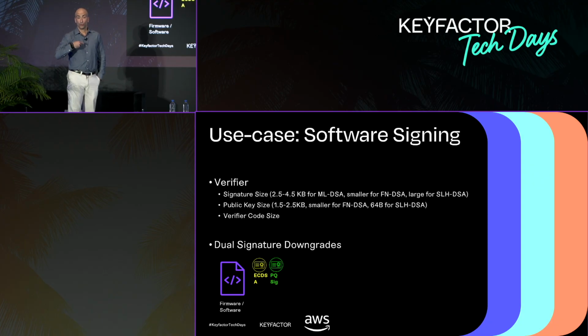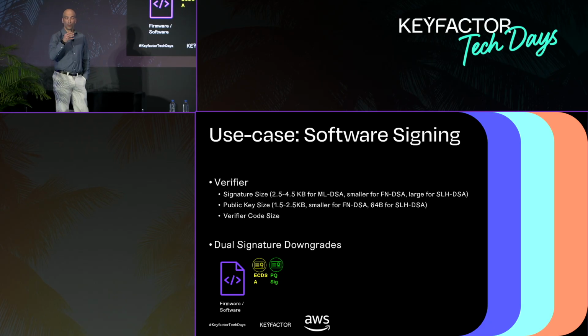So if you want to introduce quantum resistance for the new software, like post-quantum signatures, you frequently introduce two signatures. You have the classical ECDSA signature that legacy verifiers will be able to verify and load the software. But you also introduce a post-quantum signature, so the upgraded verifier is going to be able to verify a quantum-resistant one.